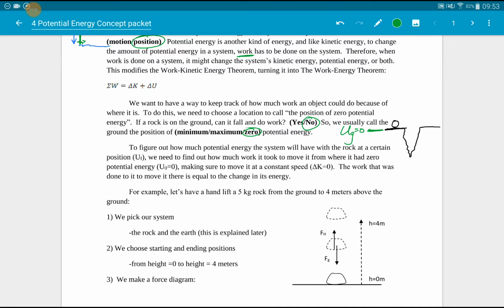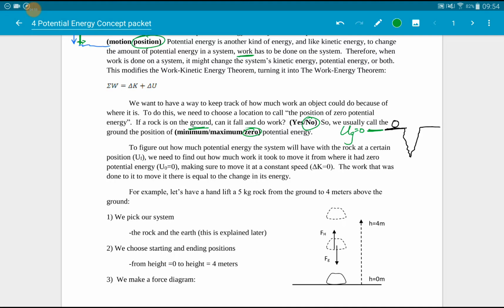Either one, it's on the ground, like here in this case, or number two, it's the lowest position of the problem that you're looking at, or the scenario that you're looking at. Usually the lowest position of the scenario you're looking at simplifies things more often than not.